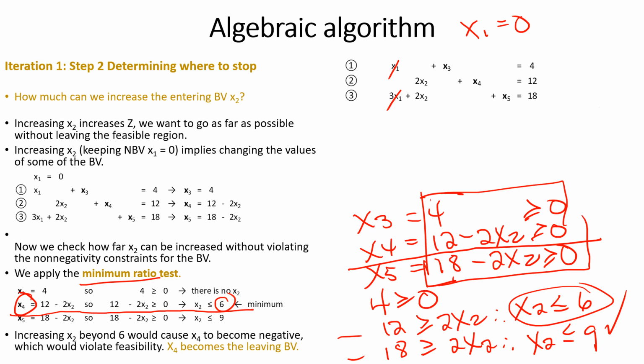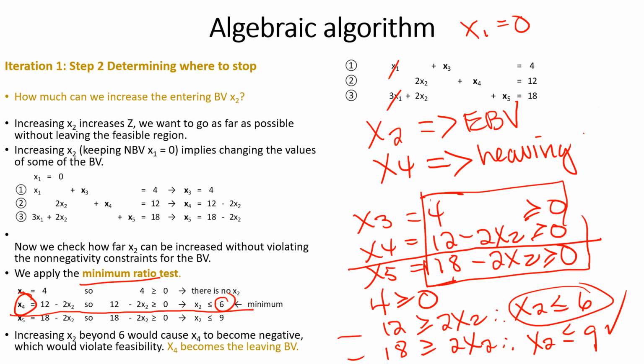So we said before that x2 is my entering basic variable, and now x4 will become my leaving basic variable. That means we're going to be switching places between these two variables. x4 will become a non-basic variable equal to 0, and x2 will become a basic variable.